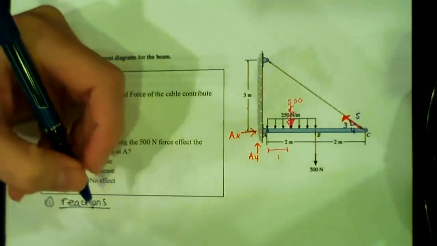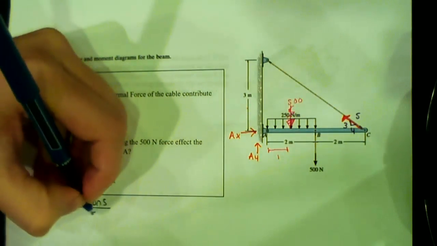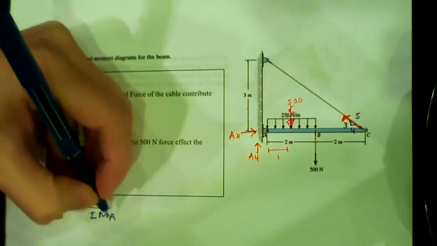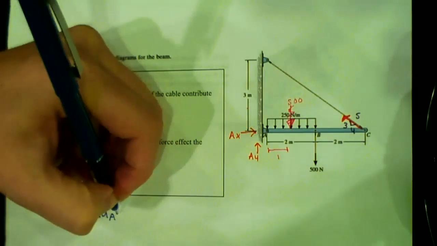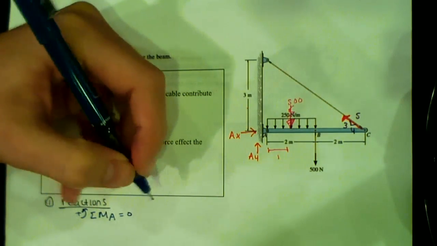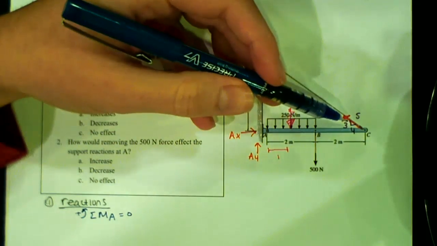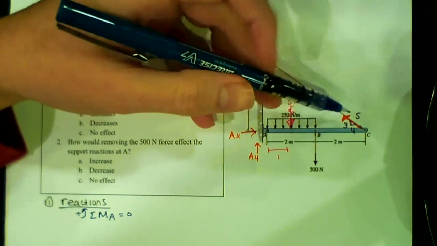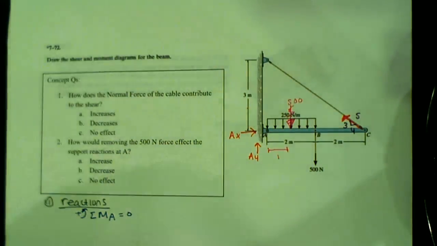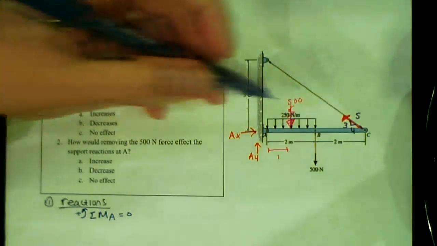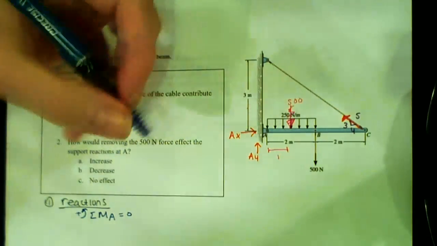Now I'm going to straight away start with sum of moments at point A because it gets rid of the most unknowns. Sum of moments at A equals 0. For the tension in that cable, the X component doesn't contribute because there's no perpendicular distance, so I only care about the Y component of that force.